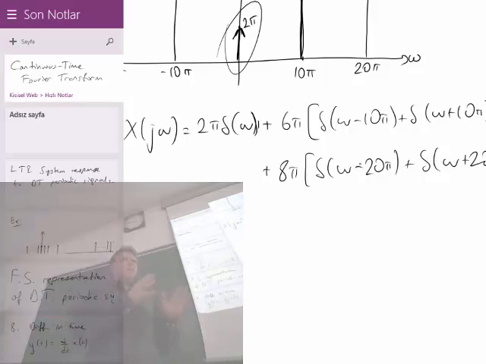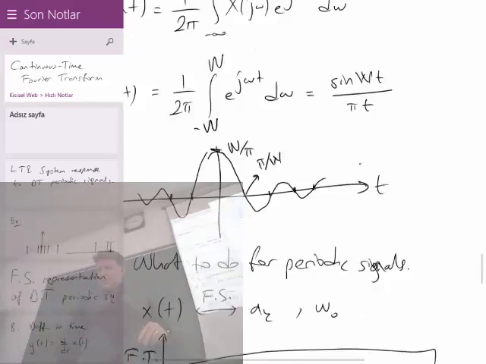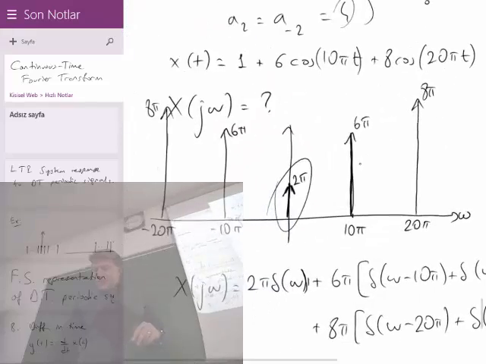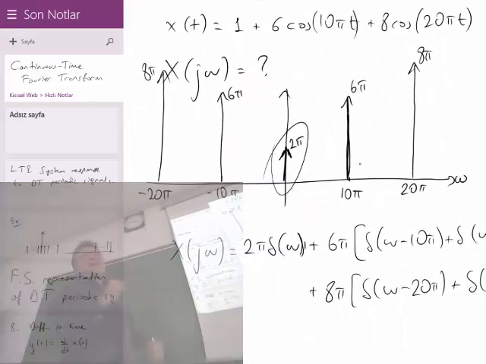Find the Fourier series coefficients, AKs, and then scale those AKs by 2 pi and insert impulses over there. The constructed shape that we have there is the Fourier transform. That's the method to do it for periodic signals. Okay?